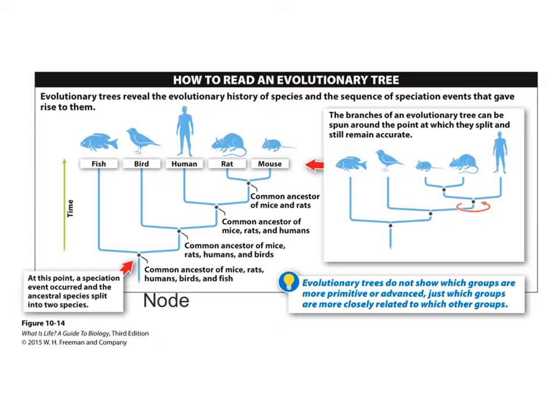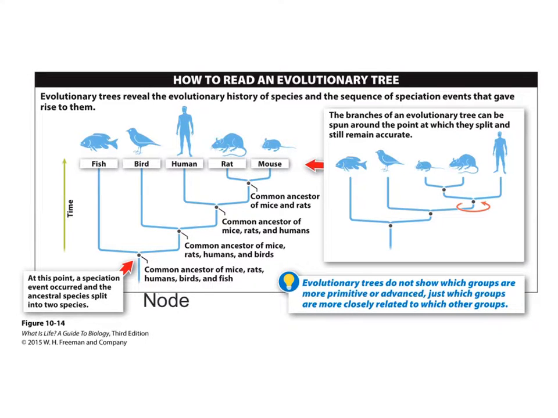On this tree, this node here is the site of the common ancestor for mice, rats, humans, birds, and fish. Trees have many branch points or nodes along them. Here we see another branch point. This is the common ancestor of mice, rats, humans, and birds, but not fish. Fish branched earlier and are not included in this lineage.